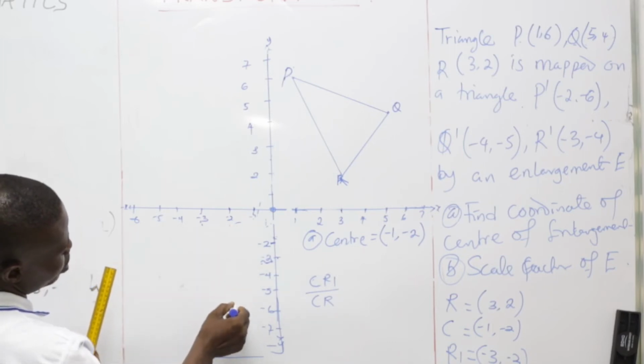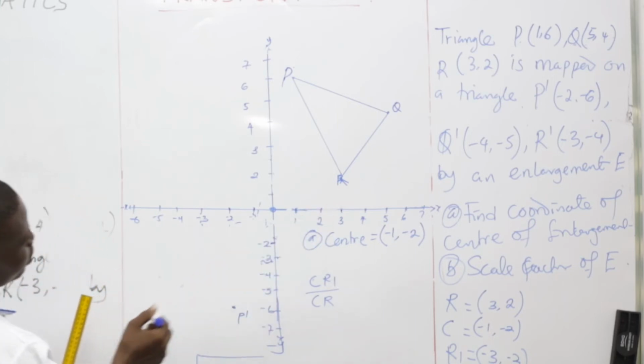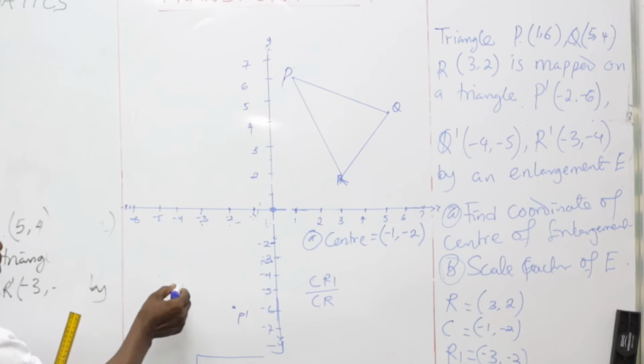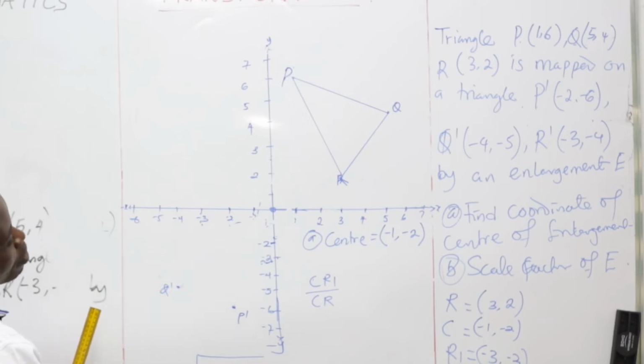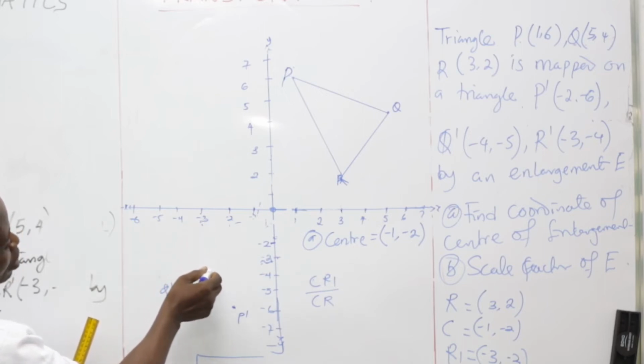Call it P prime. Minus 4, minus 5 against y-axis, call it Q prime. R prime is minus 3, minus 4.